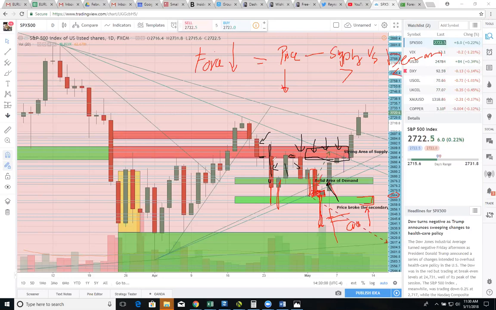So the first time it broke out, second time, third time it got tested, fourth time it wanted to, didn't want to, so it broke out within this secondary downtrend, but the closing price closed below it. Another time got rejected, came back up.